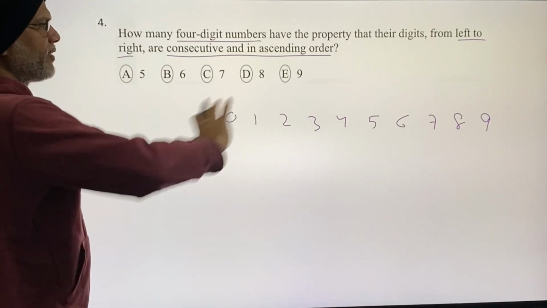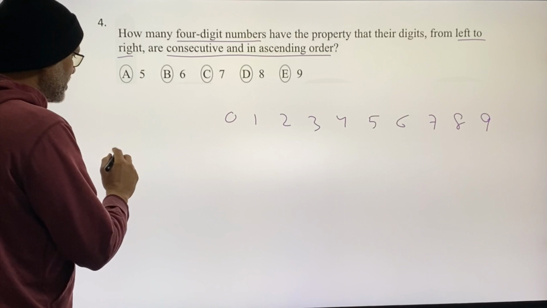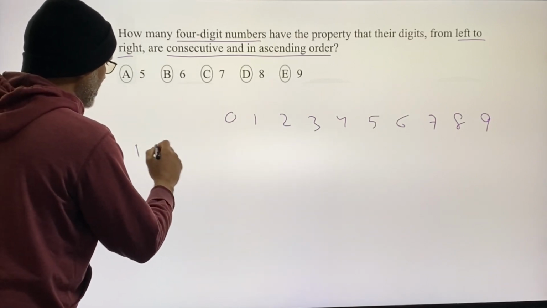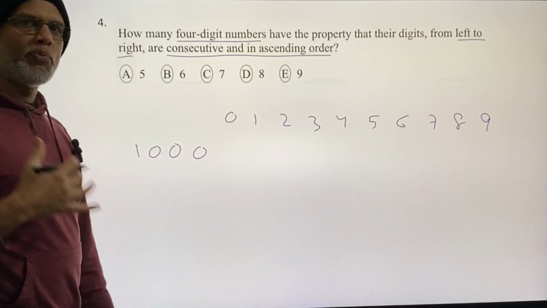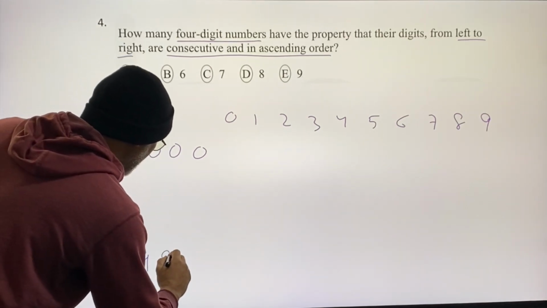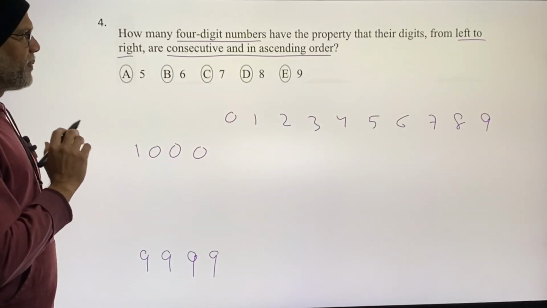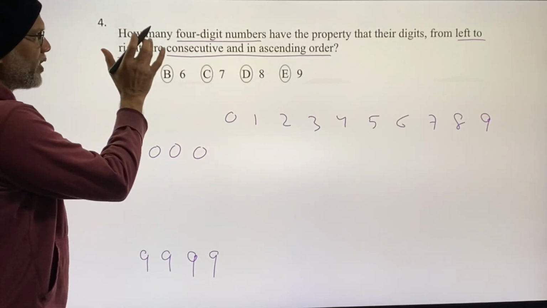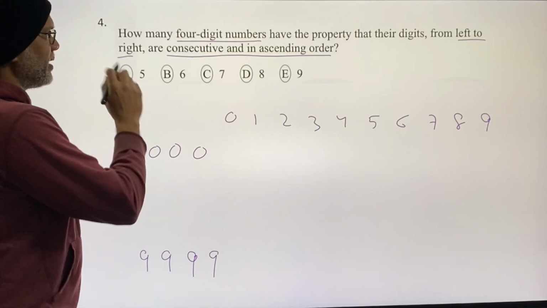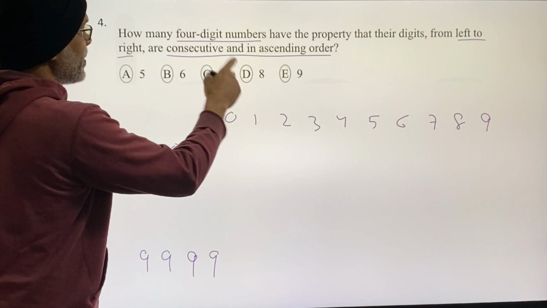What is the smallest 4-digit number? It's going to be 1000. And what is the biggest possible 4-digit number? It's going to be 9999. Let me see how many 4-digit numbers I can make so that from left to right they are consecutive and in ascending order.